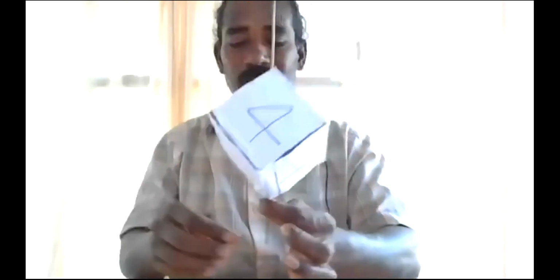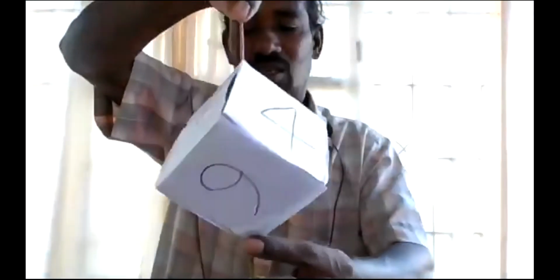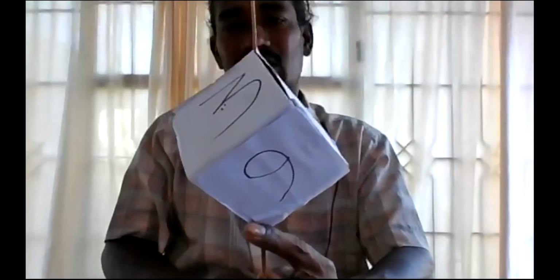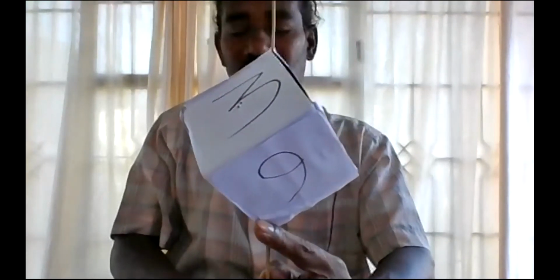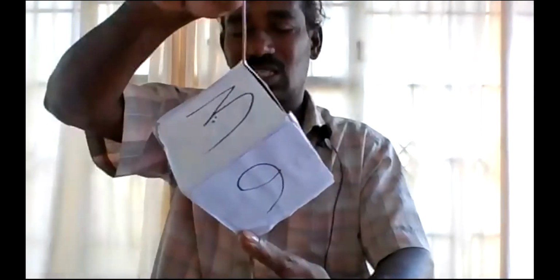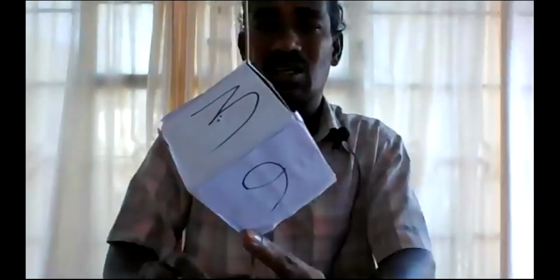Now you say, rotating this cube with respect to this axis, how many times similar images will we get? Rotating this cube with respect to this axis, how many times did we get similar images?